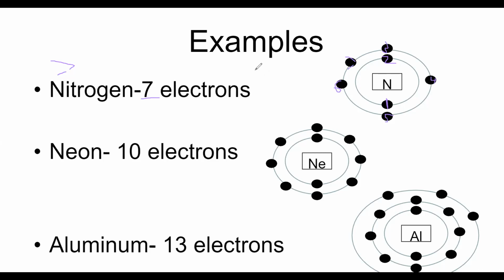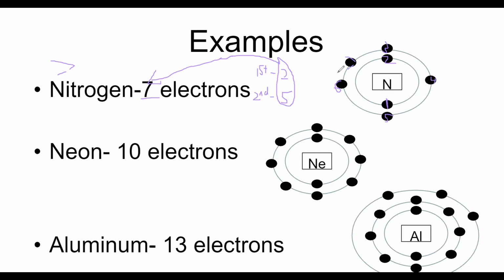So if we count them up, we can see that nitrogen has 2 electrons on the first shell, and then the remaining 5 electrons went on the second shell, and 2 and 5 together give us that total of 7 electrons that we said are in nitrogen.